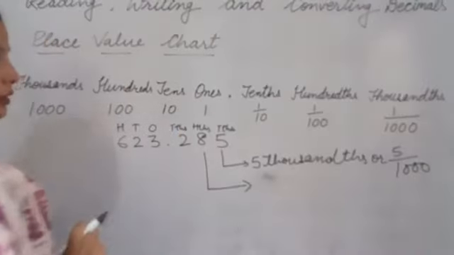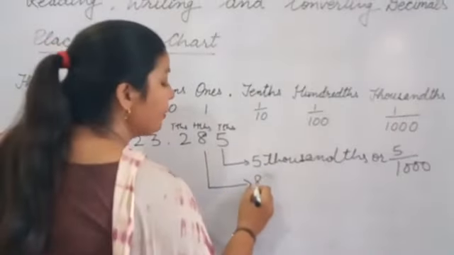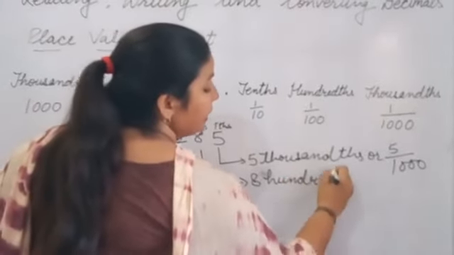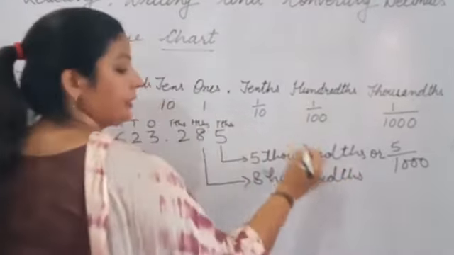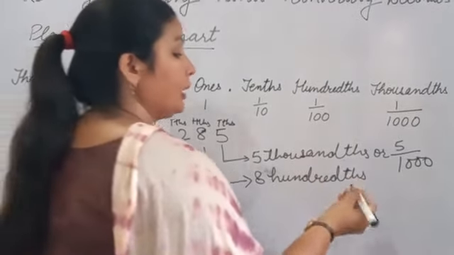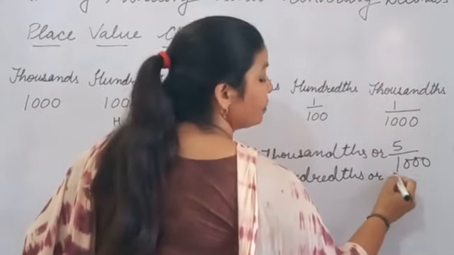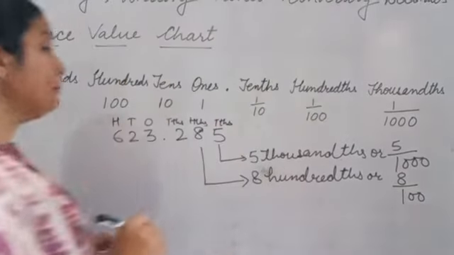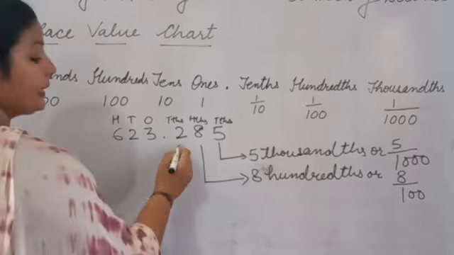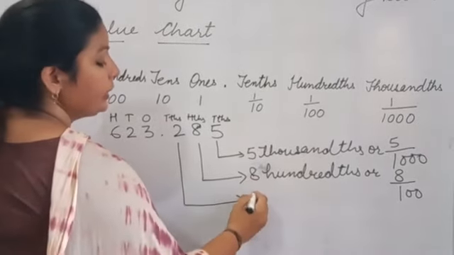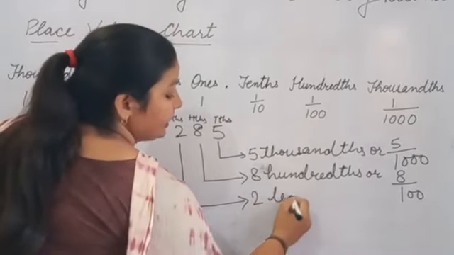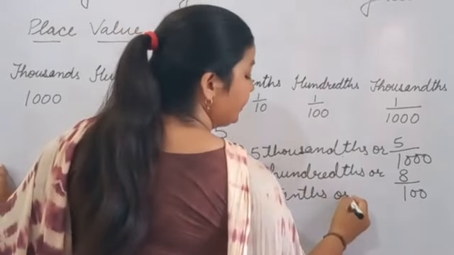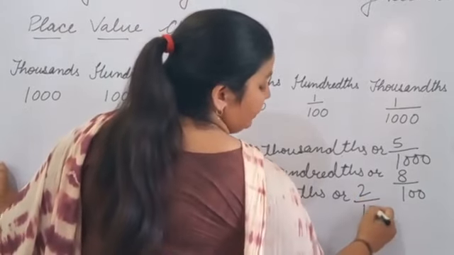Okay, 8 is on which place? On the hundredths. So it's 8 hundredths. Or another way, if we write in fraction form, we write 8/100. Then 2 tenths. 2 is on the tenths place, so 2 tenths, and in fraction form we write 2/10.